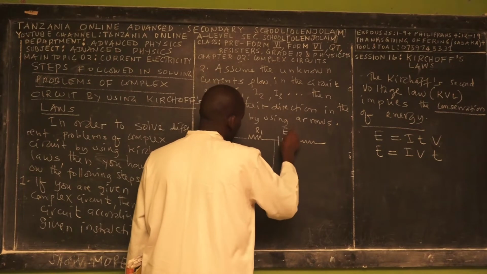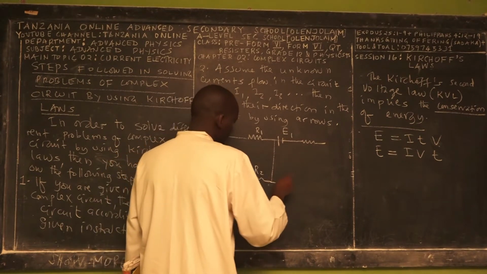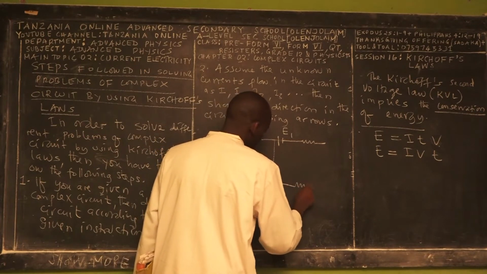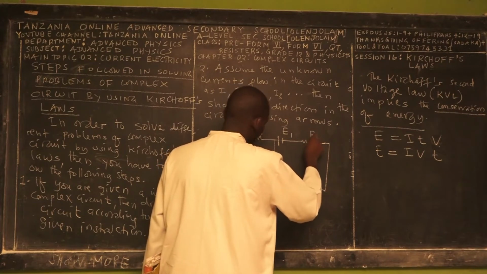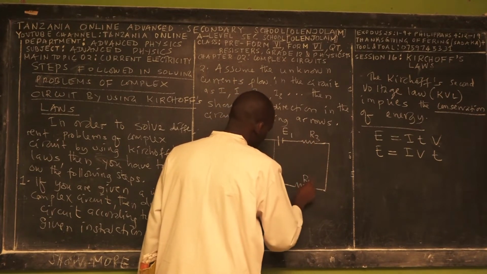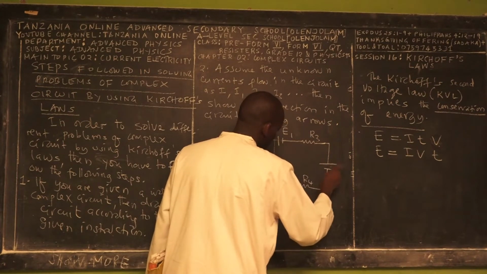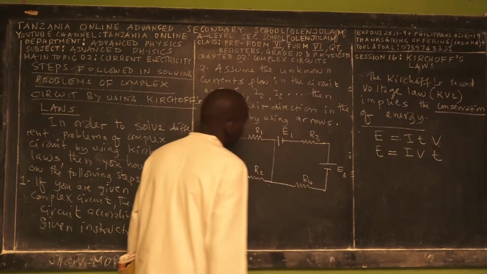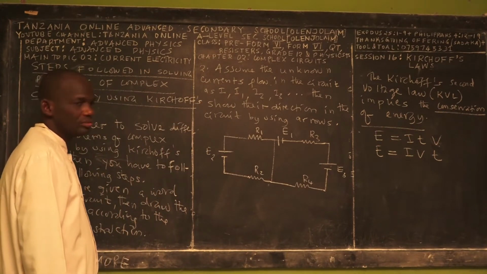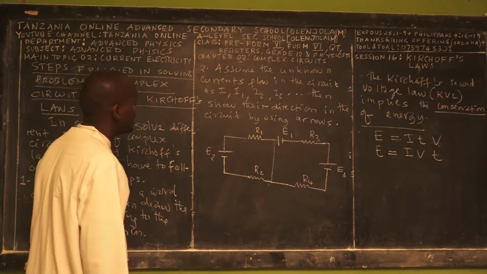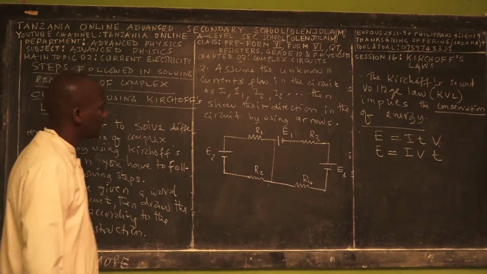This is E1, this is E2. This is R3, this is R4. This is E3. So look at the second step. Suppose they give a problem like this.